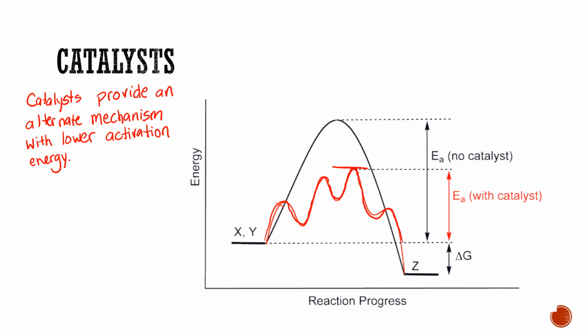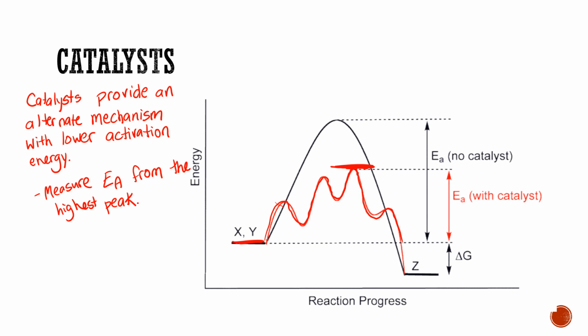We are always going to measure from the highest peak. So in this particular one, I would take my activation energy from where I have XY all the way up to the top. So I'm going to take from the highest peak down to XY, and that's going to be my activation energy.